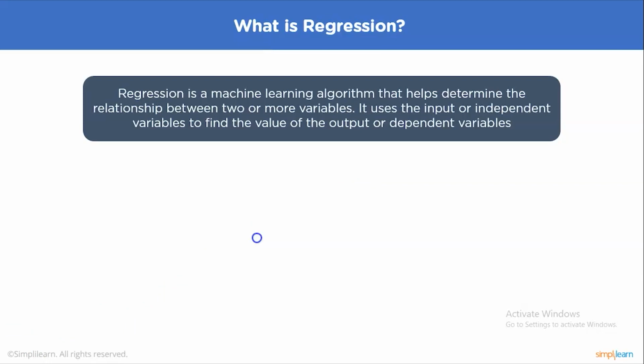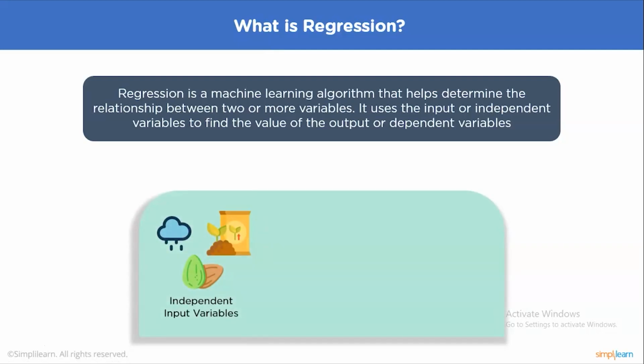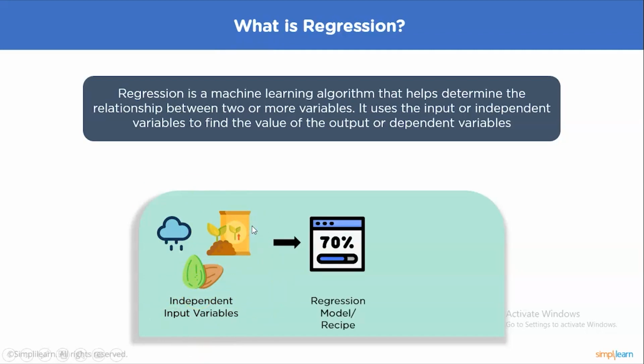Now let's understand what exactly regression is with the help of a few independent input variables. In this case, the variables that we'll be looking at are rainwater, fertilizer, and seeds. When we pass these independent input variables through a regression model, we're going to get a predicted output.